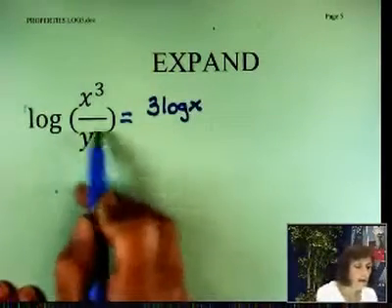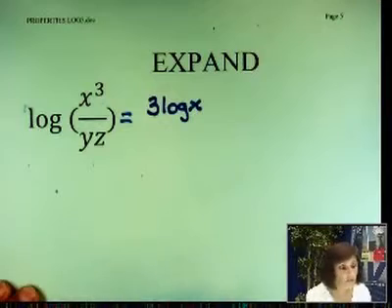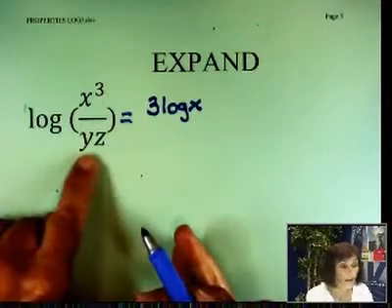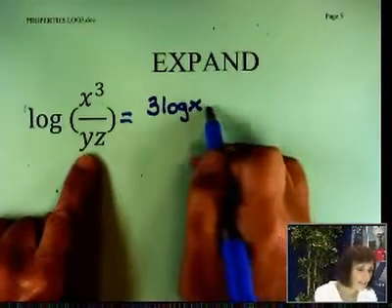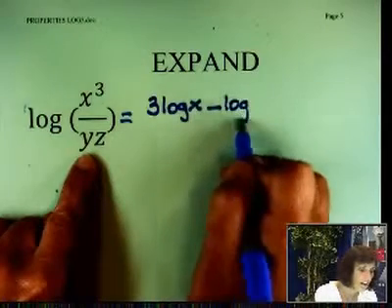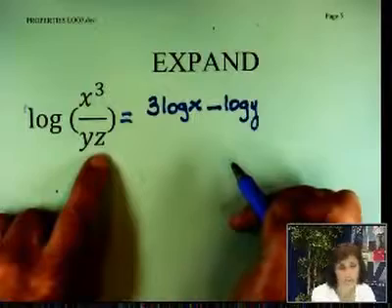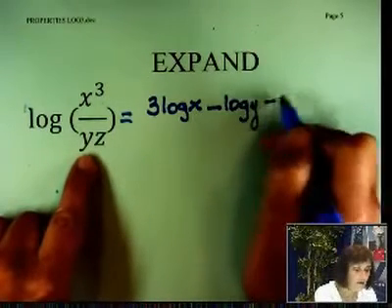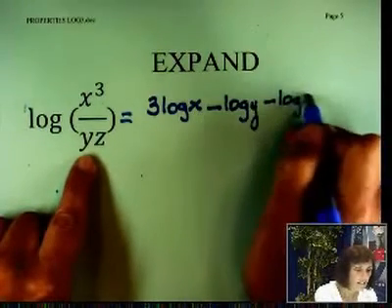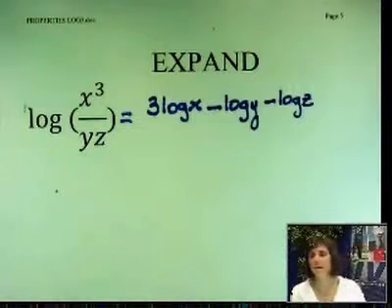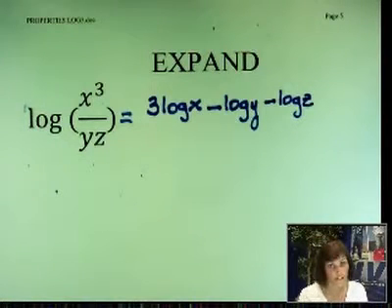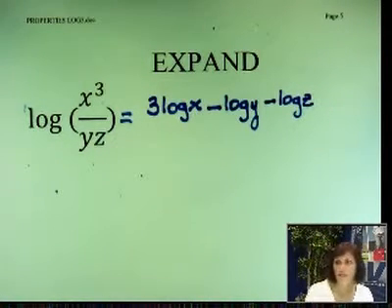Now, y and z are in the denominator, so you're dividing, and they are a product. Since it's the denominator, it's going to be negative log y. And since z is also in the denominator, that's negative log z. You can also do that in multiple steps. Does it make sense? All right, so let's do another one.